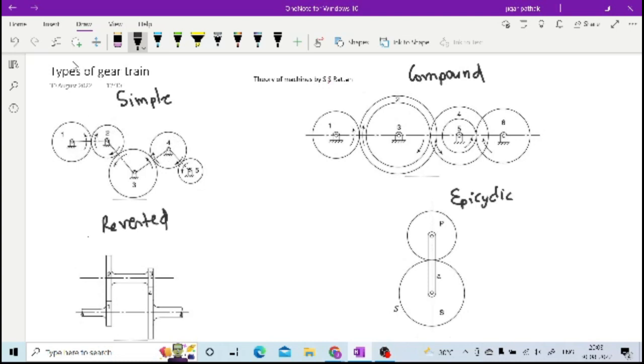In this simple gear train, when it transmits from 1 to 2, N2 by N1 will be equal to T1 by T2, right? Similarly, from 2 to 3, N3 by N2 will be equal to T2 by T3, and it will go up to N5 by N4 equal to T4 by T5.